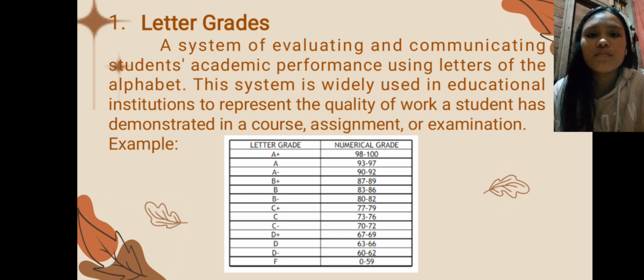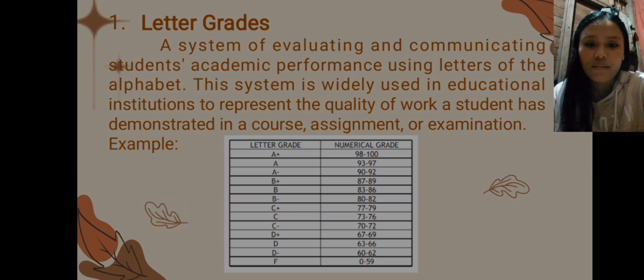So in other schools, they only use the letters A, B, C, D and do not include letters with positive and negative signs. So the letter F stands for failed. In other institutions, they add letter I to state that a student has an incomplete requirement.